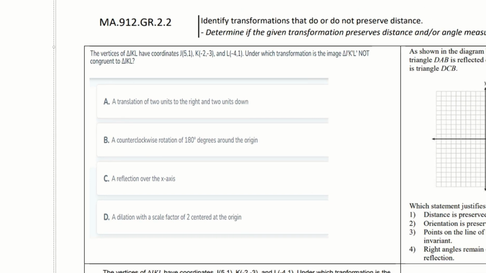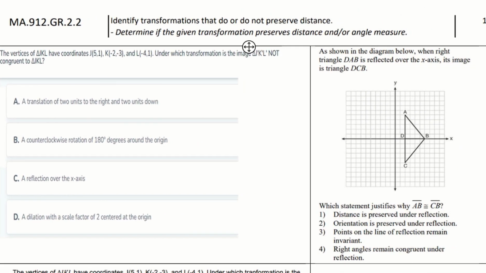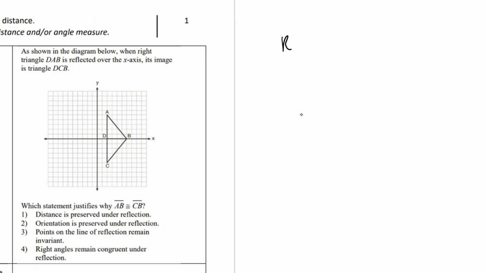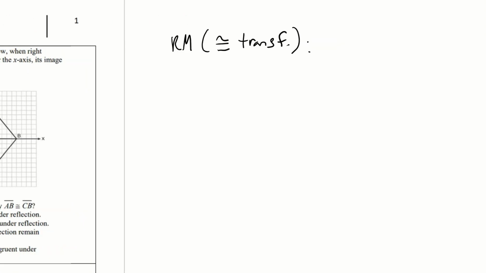All right, so for this one, it says determine if the given transformation preserves distance or angle measure. For this standard, you need to realize that rigid motions, also known as congruence transformations, are transformations that preserve distance and angles.